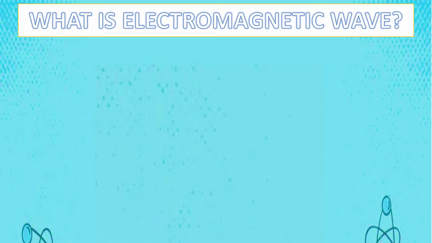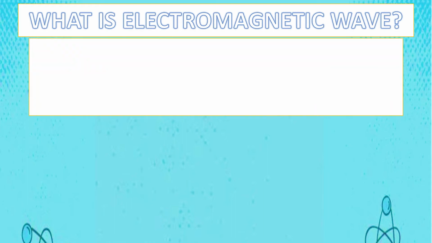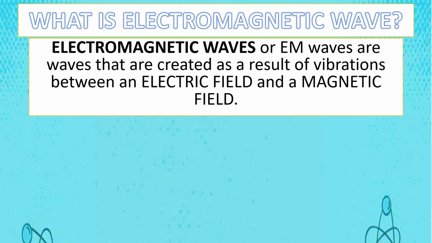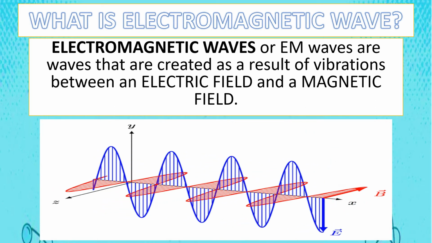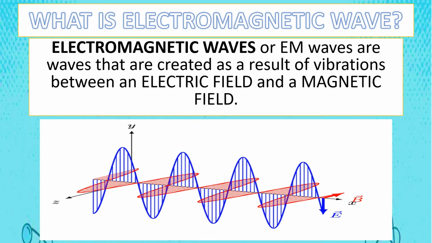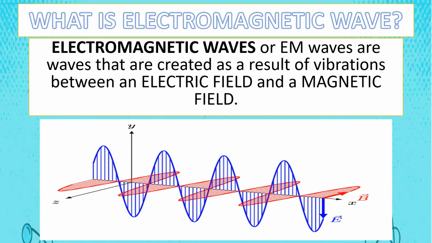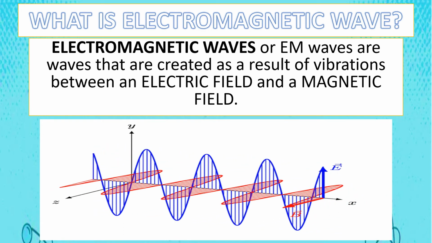What is an electromagnetic wave? Electromagnetic waves, or EM waves, are waves that are created as a result of vibrations between an electric field and a magnetic field. Electromagnetic waves are produced by a charge that changes its direction or speed.